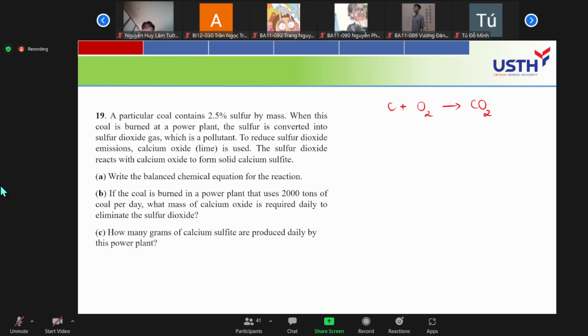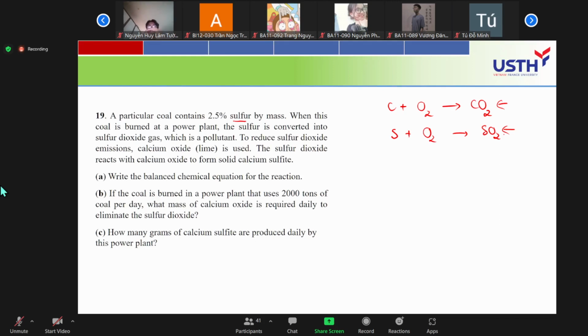But because there is some sulfur inside the coal, you have another reaction, sulfur plus oxygen to form SO2. We let the emission of carbon dioxide go and only limit the emission of sulfur dioxide. It's a little bit of trouble, but it depends on the technology at this moment.